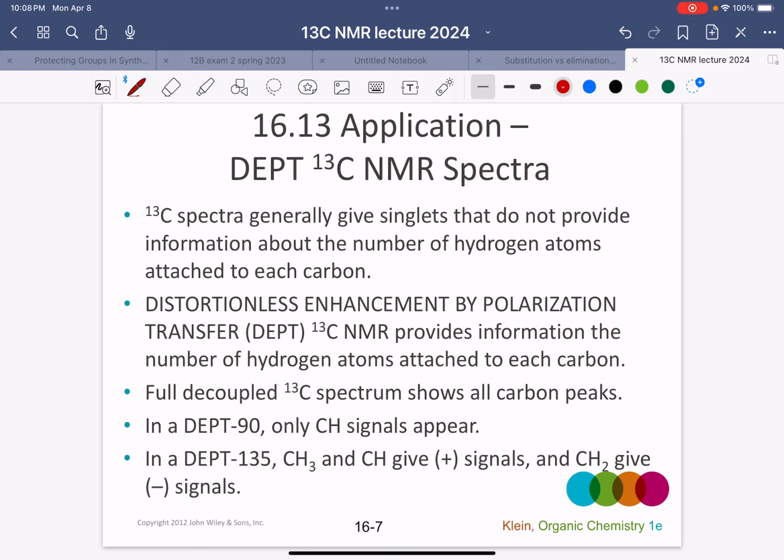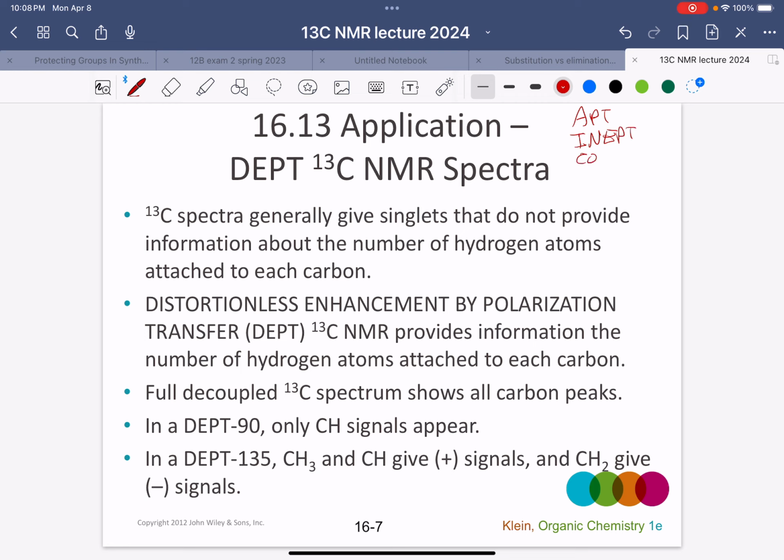And that's what's called DEPT spectroscopy. DEPT stands for distortionless enhancement by polarization transfer. NMR spectroscopists like to come up with all kinds of acronyms for their spectra. Of course, we've got DEPT, we have APT, we have INEPT.